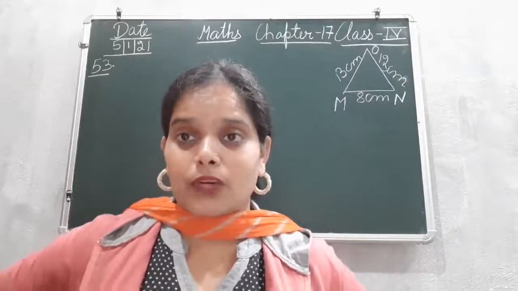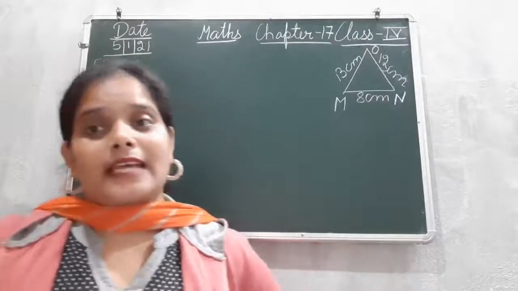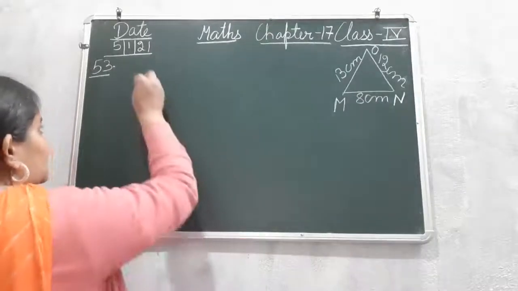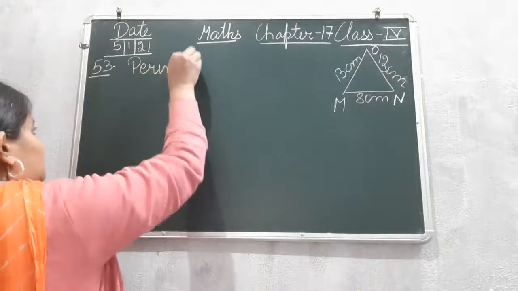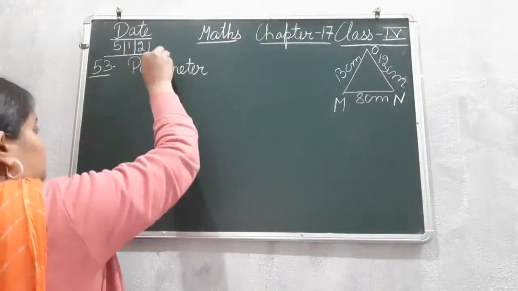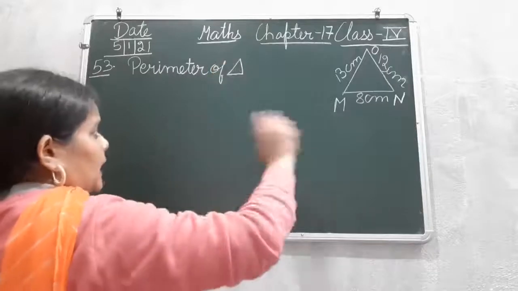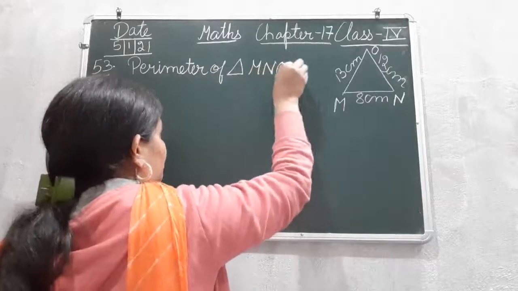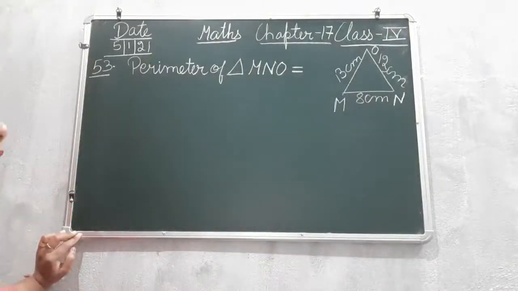So let's find out the perimeter. For finding the perimeter, we will add all the sides of this given triangle. So let's find out the perimeter of triangle MNO. We have to find the perimeter of triangle MNO.